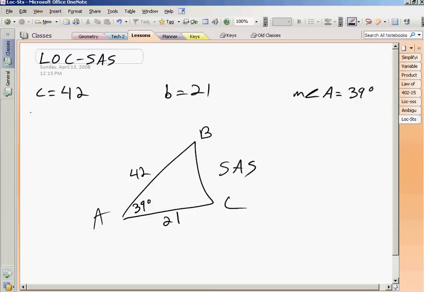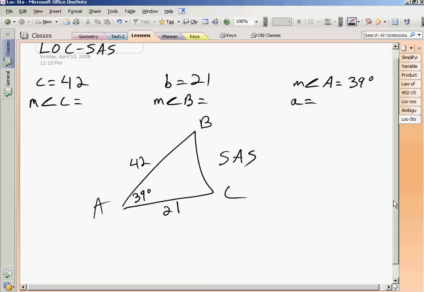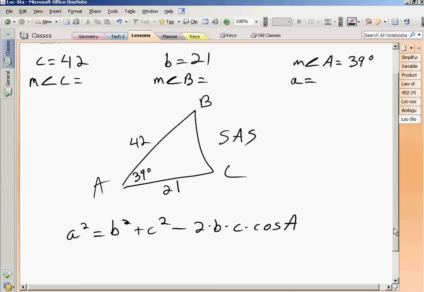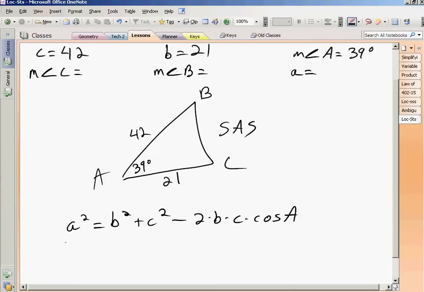So the missing information I need to solve for is the measure of angle C, the measure of angle B, and the length of side A. I'm going to use law of cosines to do this. Because I'm trying to find the length of side A first, I'm going to start with A squared is equal to B squared plus C squared minus 2 times B times C times cosine A. There are no variables on the right-hand side, so I'm going to be able to evaluate it.